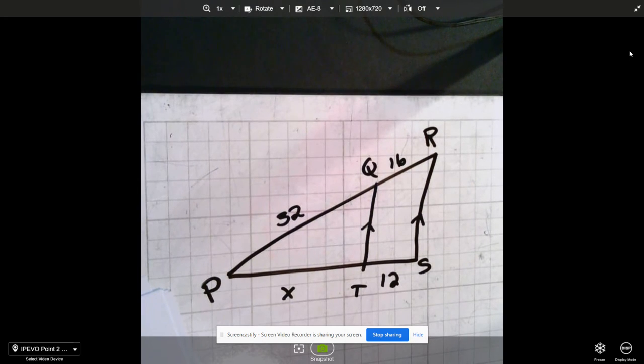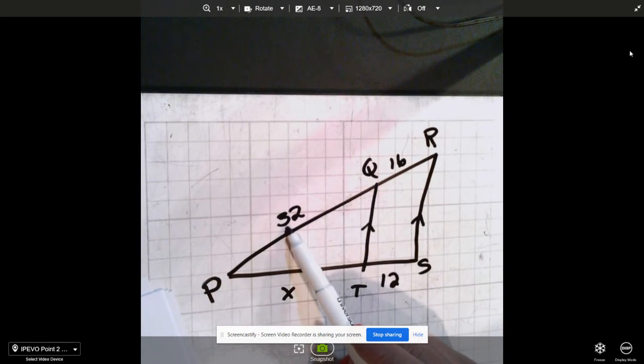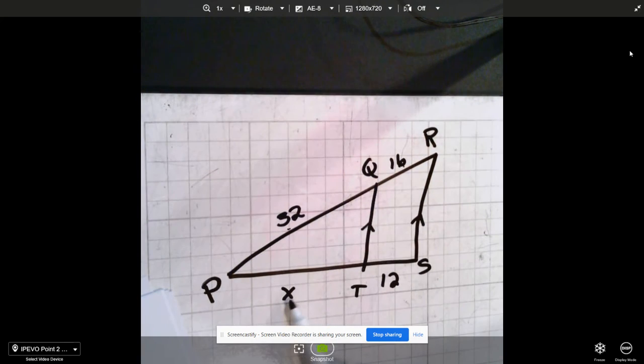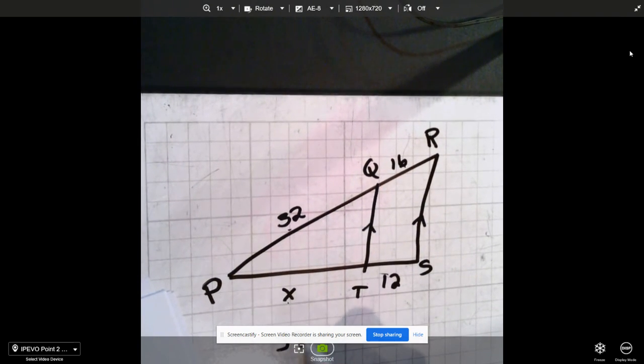So it'll tell you that this side is proportional to this side as this side is proportional to this side. So I can write a ratio. 32 over 16 has to be the same ratio as X over 12.